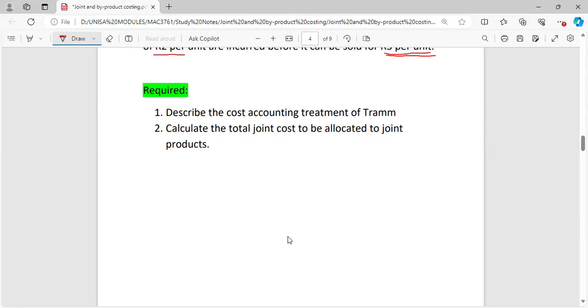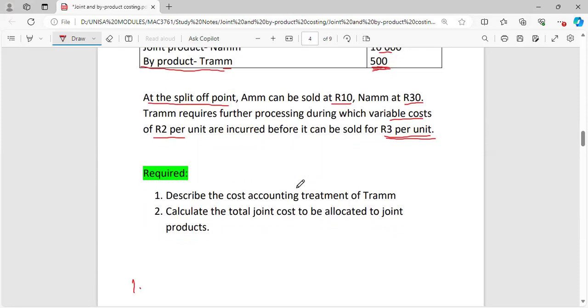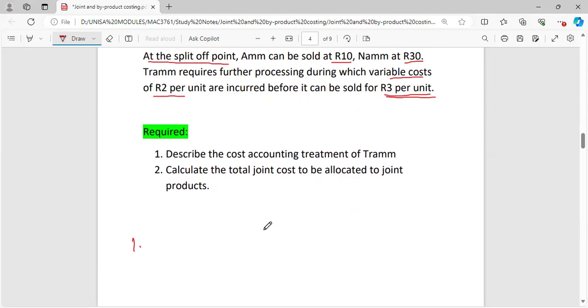Anyone with any point, how are we going to treat tram? Tram is a byproduct. How are we going to treat the byproduct? Anyone with an idea?